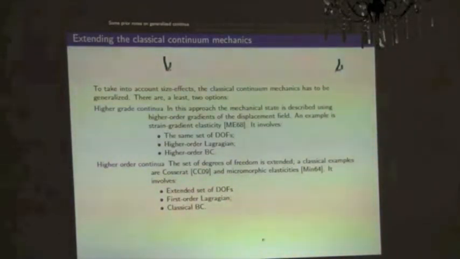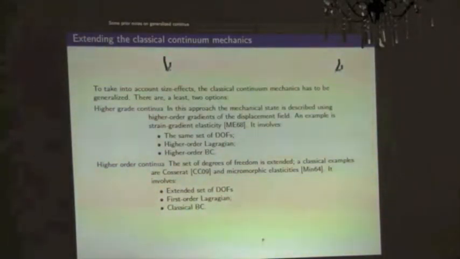The consequence of that choice is to keep the same degrees of freedom, as I said, but you will deal with a higher order Lagrangian formulation. You will not be first order, you will be second, third, and so on. It's known in physics that higher order Lagrangians are not well-posed problems.